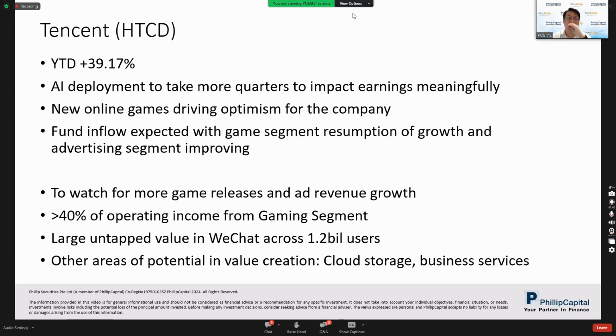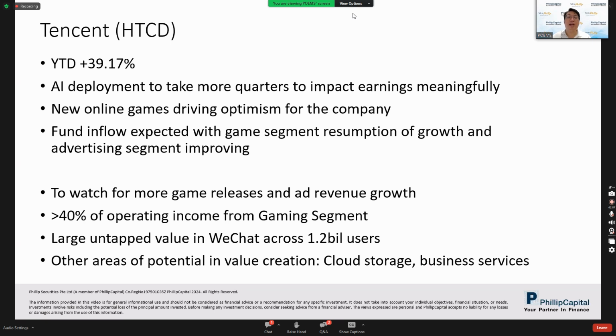Right now, Tencent's main growth story is still within the online games industry, and they are still looking at fund inflow within the game sector with the resumption of growth in advertising itself, right? For Tencent, usually we are looking at more game releases and the revenue growth story for that. And 40% of the operating income currently is from the gaming segment.